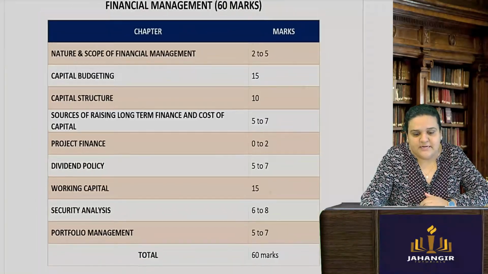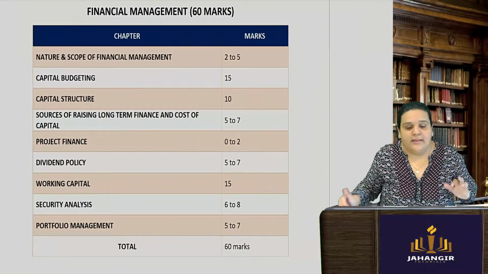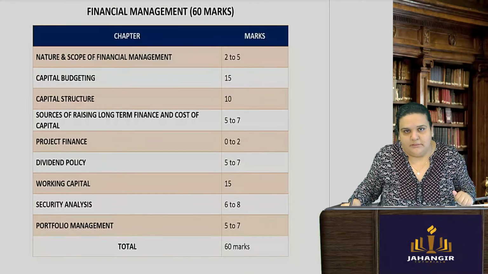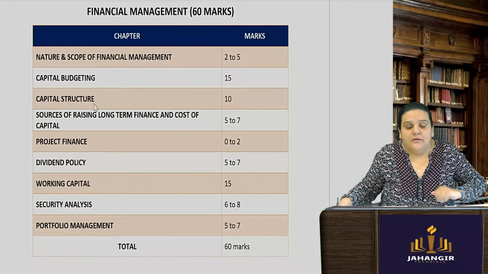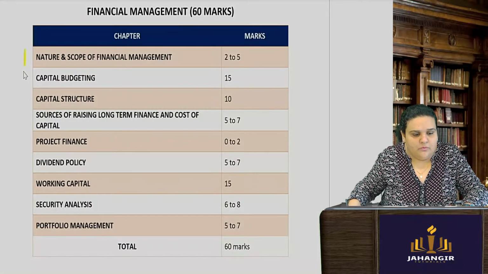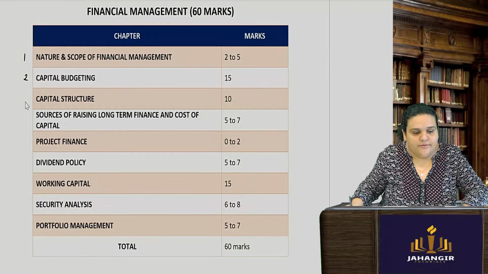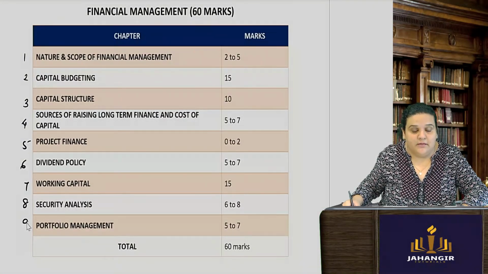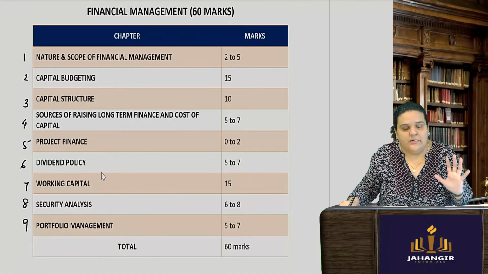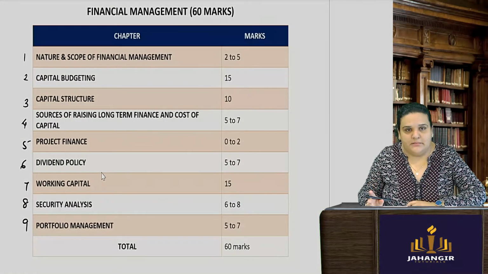So let us first understand the index of financial management, the 60 marks one. In total, how many chapters are here? 1, 2, 3, 4, 5, 6, 7, 8 and 9. So basically we have to study 9 chapters for 60 marks.